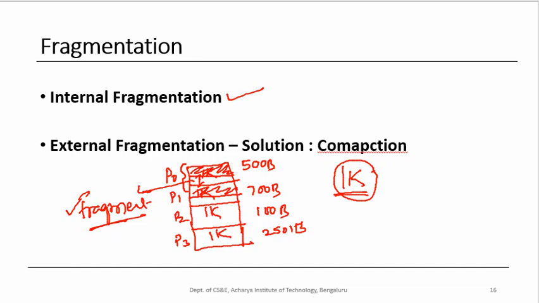This kind of fragmentation is called internal fragmentation. So here if you look at this, how much more space is actually remaining? You go on adding the empty space: 500 in the first partition, 300 in the second partition, 900 in the third partition, and 750 bytes in the fourth partition.